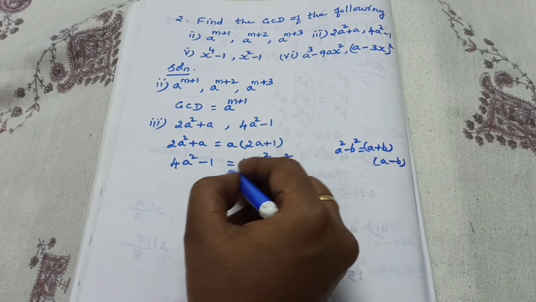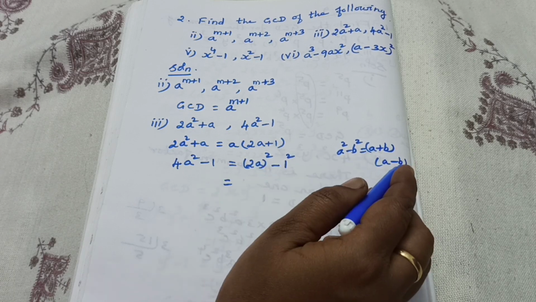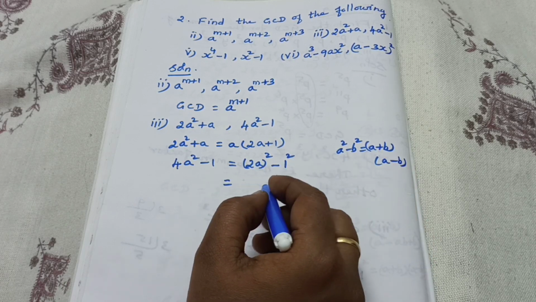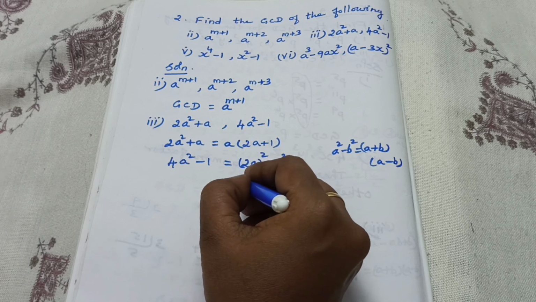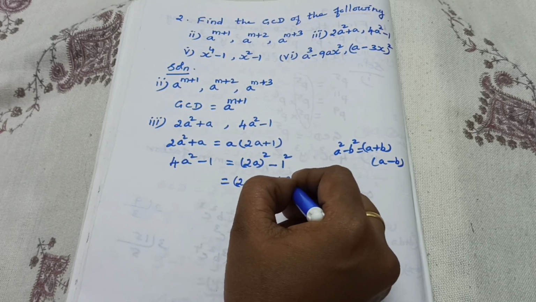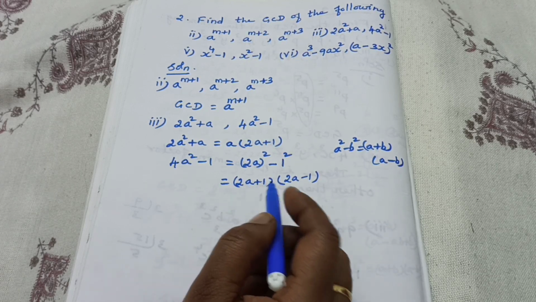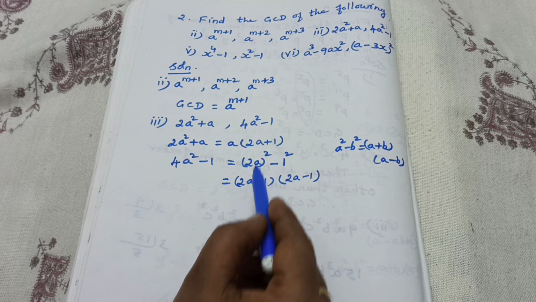Am I correct? So we can write as what? Instead of a, 2a is there. Instead of b, 1 is there. Okay, the expansion is the same. 2a plus 1 into 2a minus 1. Am I correct?